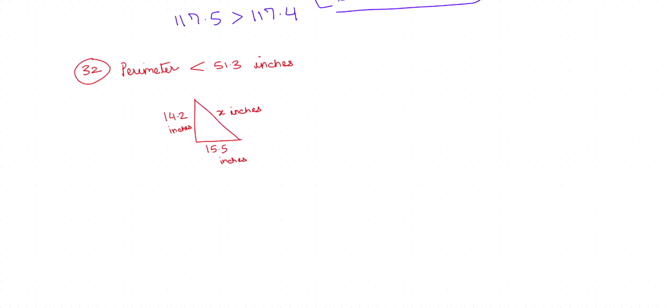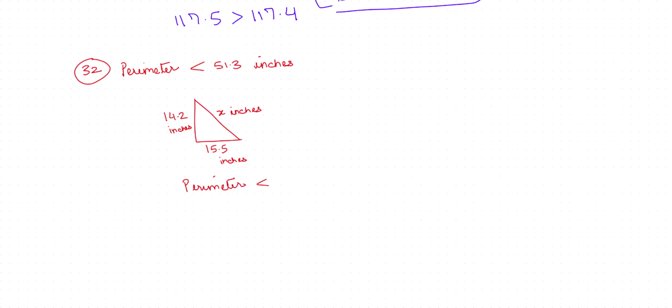In question 32, the perimeter should be less than 51.3 inches, and we have to write an inequality for the possible values of x. We know that perimeter is the sum of all sides. So the perimeter is less than 51.3.